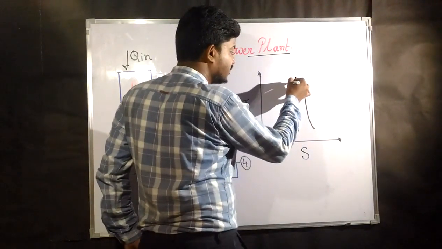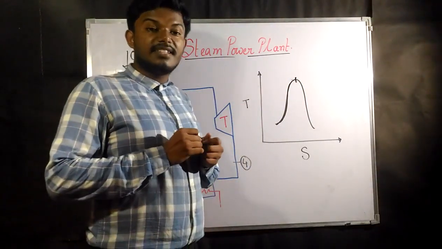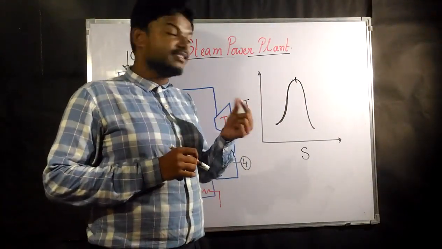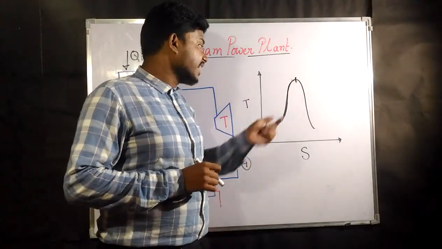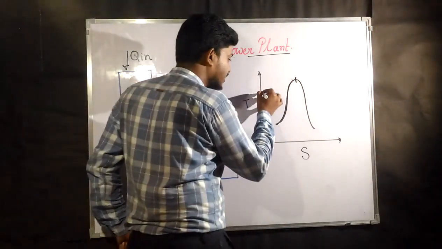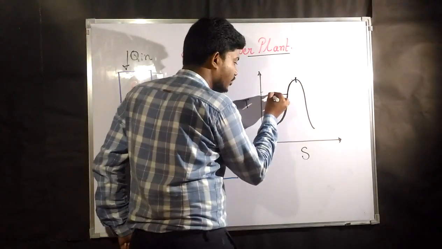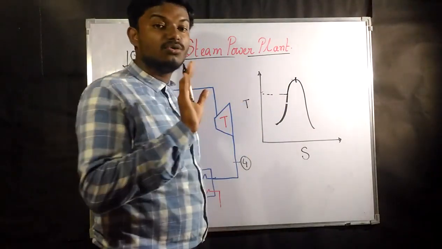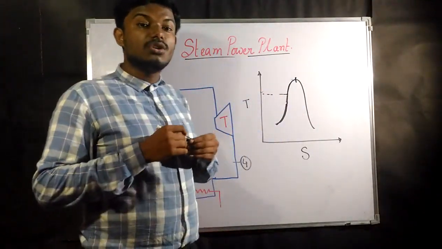The left side of the vapor dome represents the saturated liquid. Saturated liquid means that at a certain temperature, this is the point on this line where you can represent that there is only liquid, no vapor.